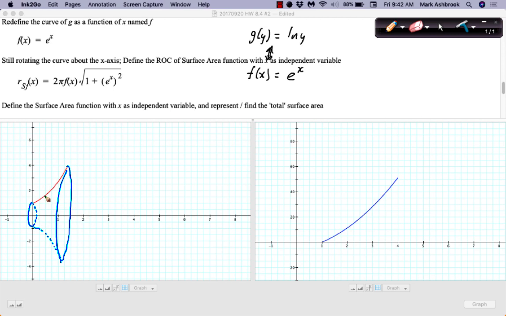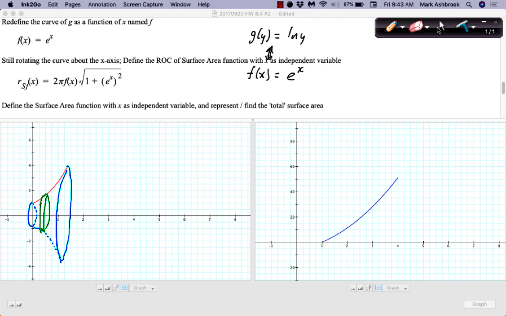But that doesn't change the ribbons, right? The ribbons still look like this. So we did y increasing through delta y intervals, and we got this function for surface area.